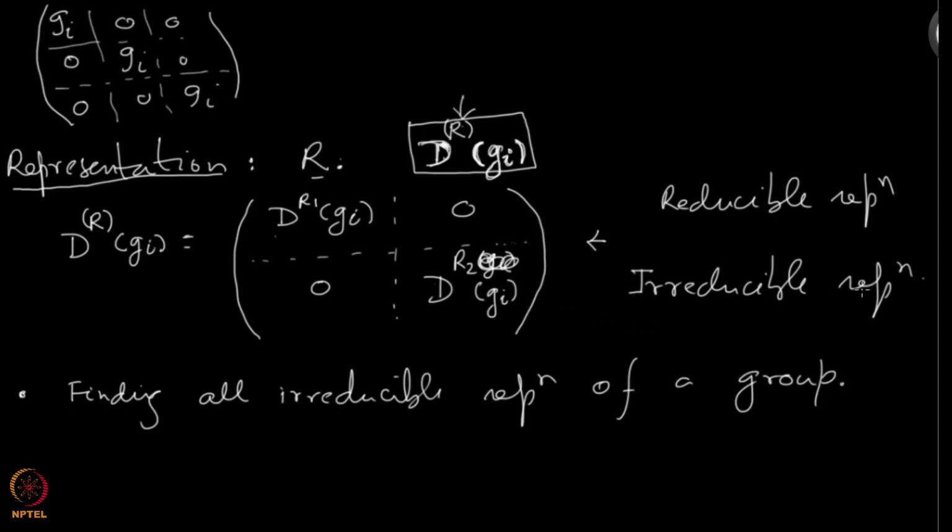Of course, it would be interesting to know all the irreducible representations of a group, because once you know them, you can construct all the remaining reducible ones, because you just have to put blocks like this, whichever way you like. And of course, the 2 cross 2 matrices of SU2 are irreducible representations, because they do not have this structure.